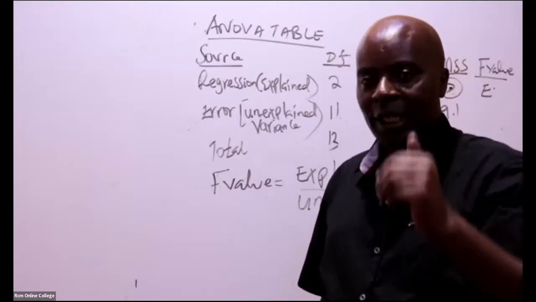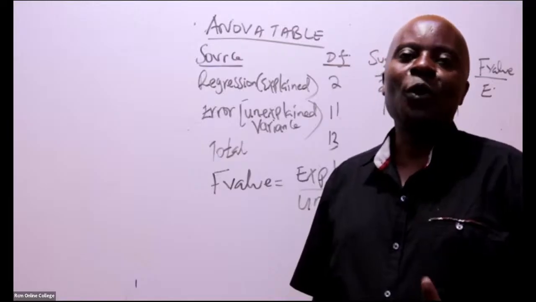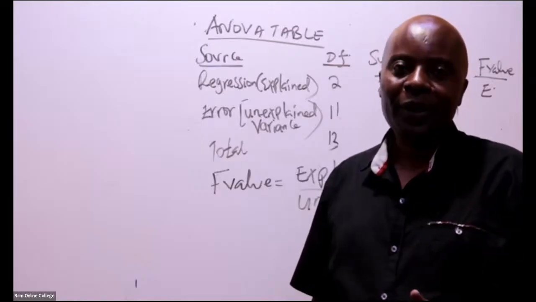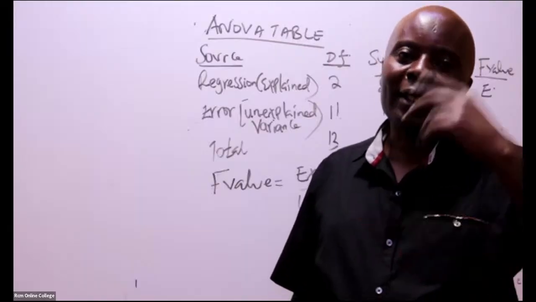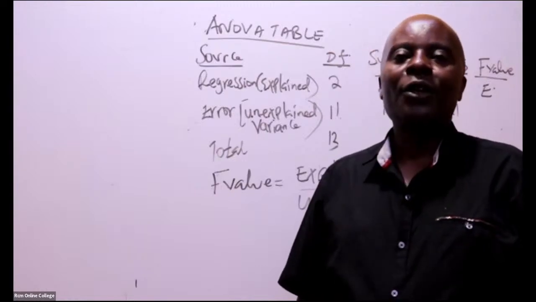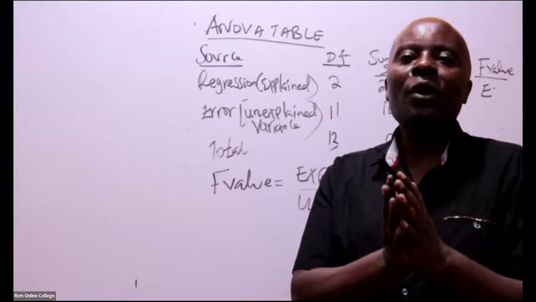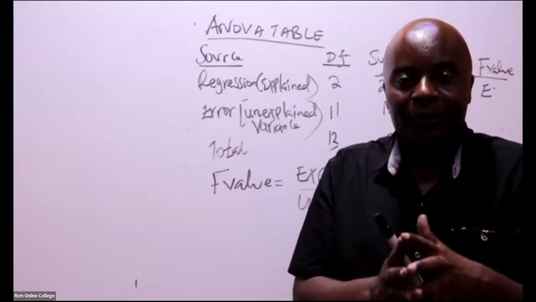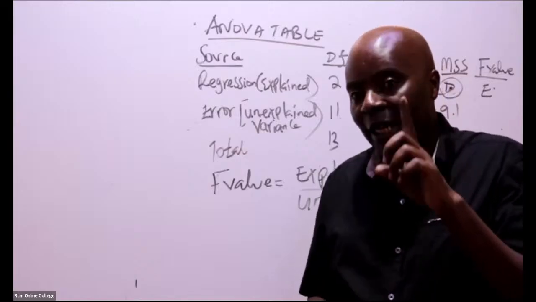Come this future date, the right honorable prime minister will win. Of course, when results come, things are upside down. There will be that variation which is unexplained, and there is that variation that regression will be able to explain.